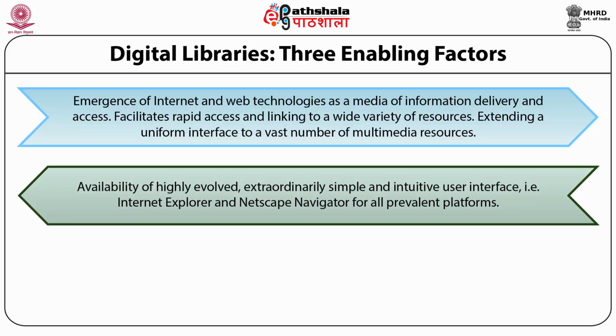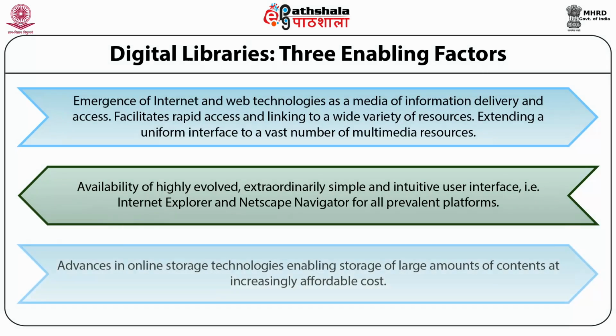Availability of highly evolved, extraordinarily simple and intuitive user interfaces, that is Google Chrome or Internet Explorer, for all prevalent platforms. And advances in online storage technologies enabling storage of large amounts of content at increasingly affordable cost.